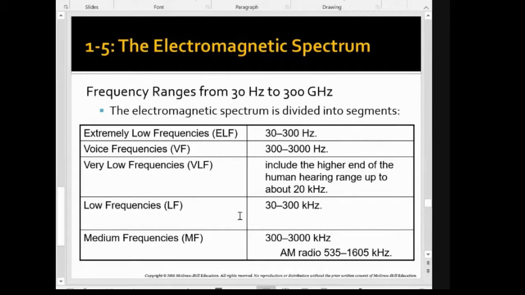Low frequencies go up to 300 kilohertz. Medium frequencies are 300 to 3000 kilohertz. 3000 kilohertz means 3 megahertz. AM radio is within this range, which is 500 to 1,600 kilohertz or 1.6 megahertz. These are quite standard across most countries.